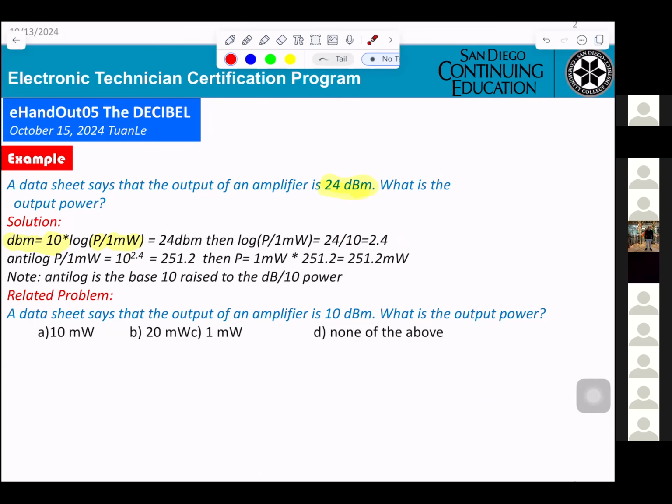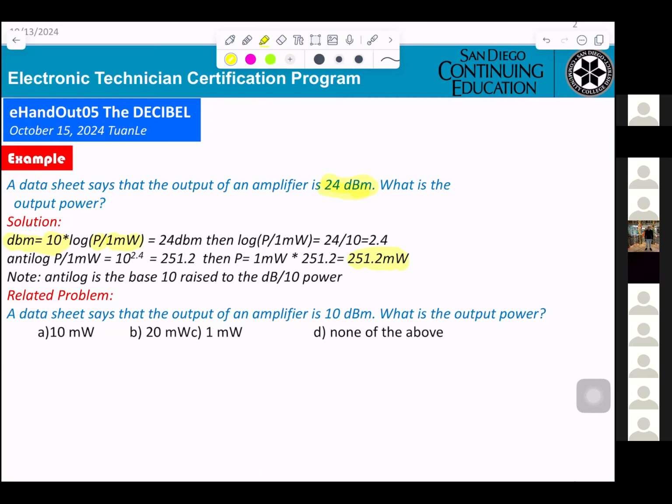So now you can calculate P equals 1 milliwatt times 251.2. You get 251 milliwatt. Note, anti-log is the base 10 raised to the dB over 10 power.